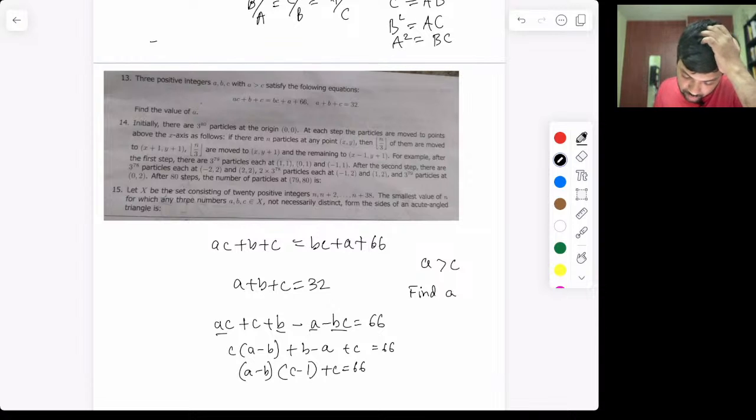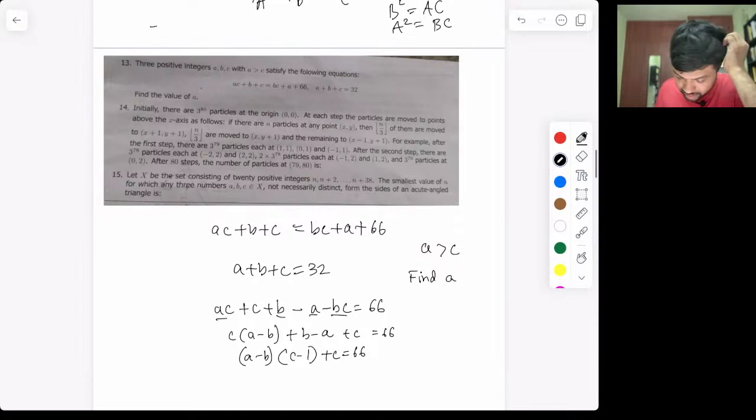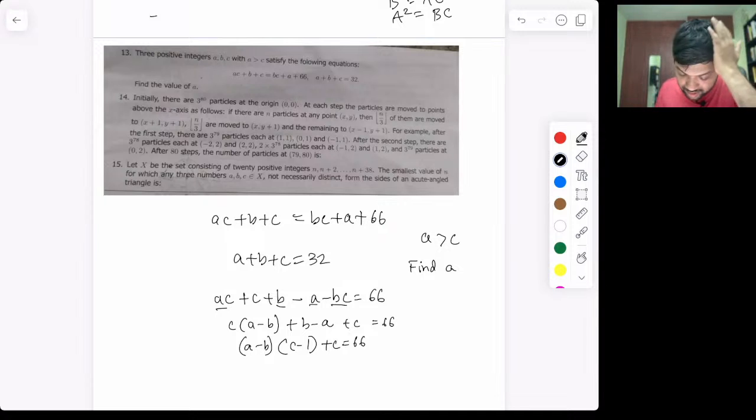This is certainly true, and a plus b plus c is 32. So basically you can get rid of b if you want, in terms of a and c. Then you just do your usual bounding trick. Wait a minute, is that it? Because a minus b is 66 minus c by c minus 1, right? So everything became in terms of c on the right hand side.